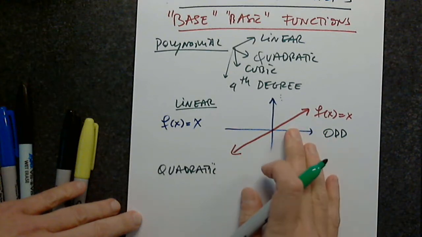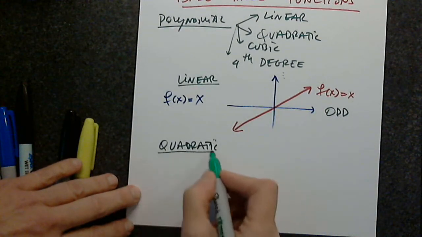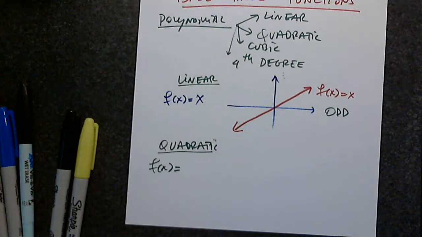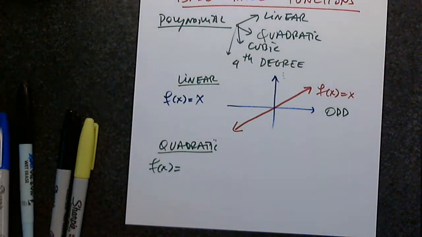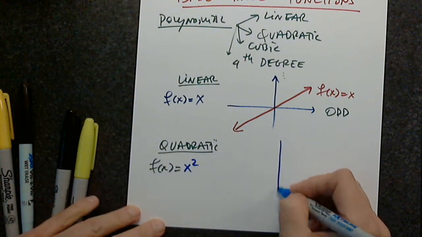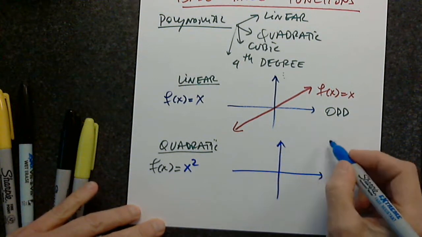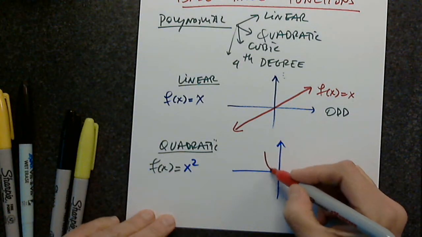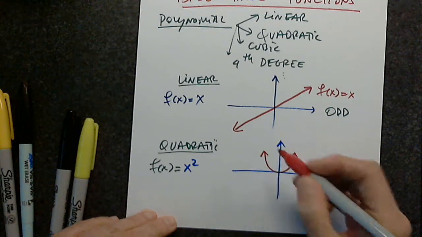The next simplest possible polynomial, the quadratic. So we have to remember this graph. For quadratic, f of x equals the simplest possible quadratic function that no one can find another. That's it. So here is x squared. Let's graph it. Again, we'll review it in the next chapter.